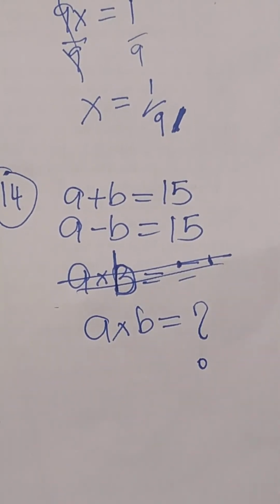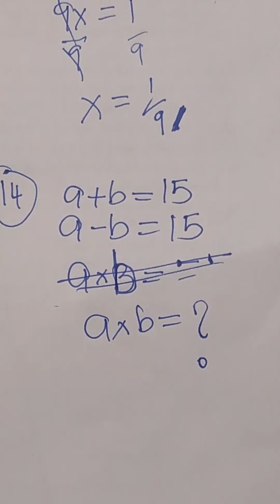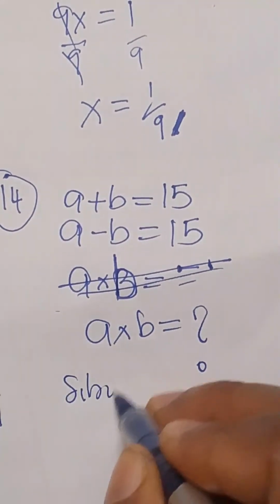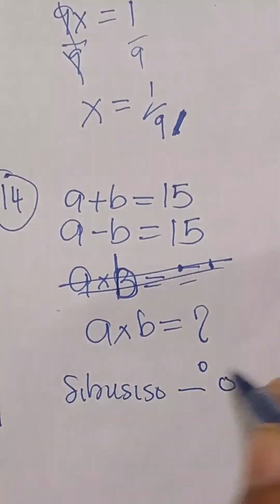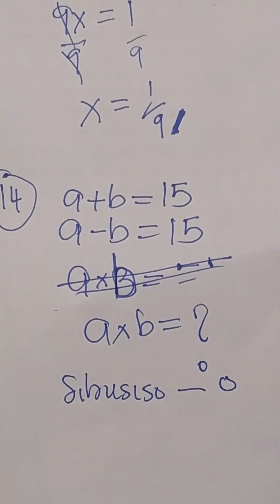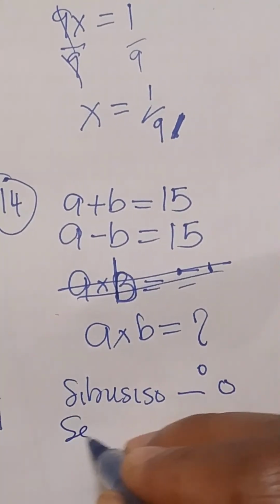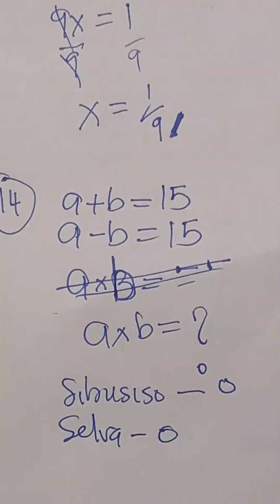Let's see. Okay, Sibusiso said 0. Silver, 0.